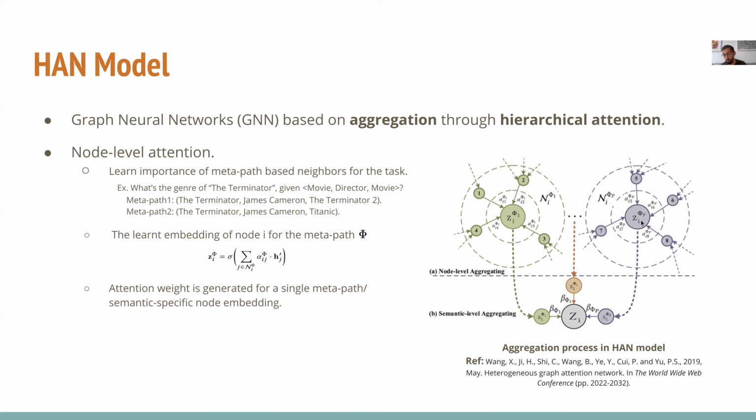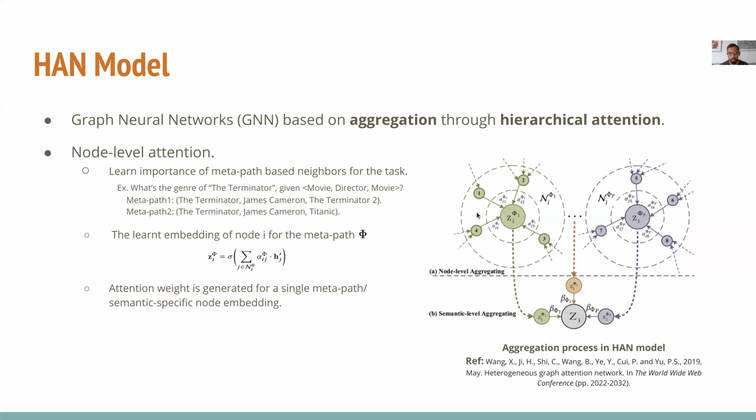These are neighbors of node i given metapath 2, and these are neighbors of node i given metapath 1. So in this attention, we only focus on the metapath-based neighbors, and we learn multiple embeddings for the same node given different metapaths, all the metapaths that this node is engaged in within the graph. We call this node level attention.